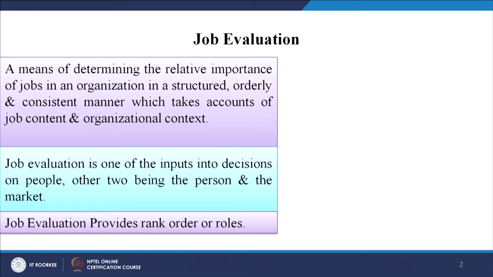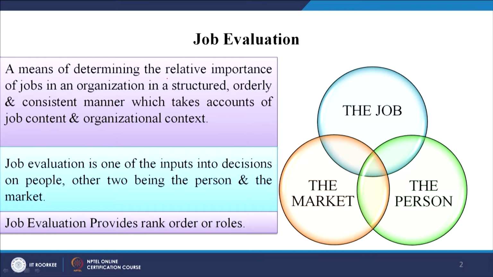Now, if the relative importance of a particular job is very high, then that job evaluation will carry very high weightage. That is about the organization structure, how it has been structured and what position it has.